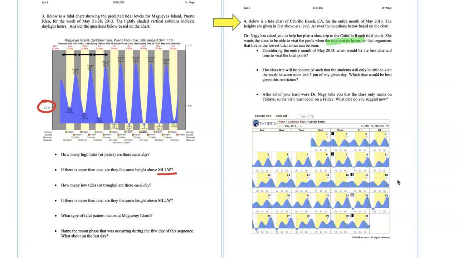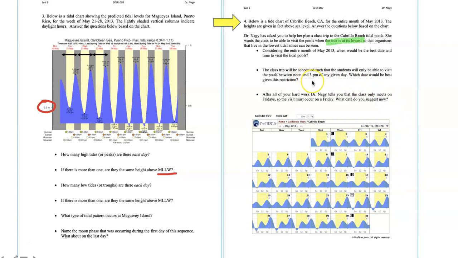And the key is we want to go when the tide is as low as possible because then we'll see as much as possible. You're asked to do 3 things. First, consider this entire month and tell me when the best date and time would be to visit the tidal pools. And this is irregardless of whether it's the middle of the night or it's a Tuesday. Just pick the best day overall and time.